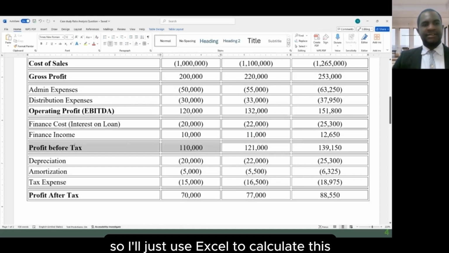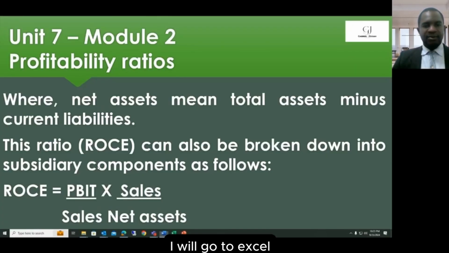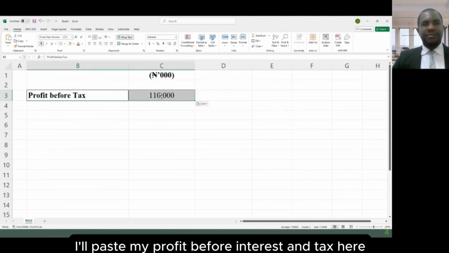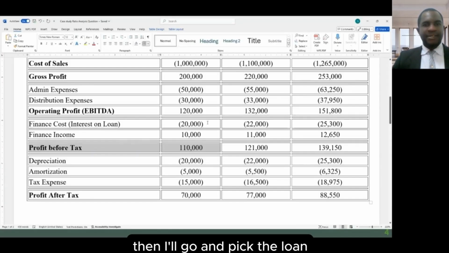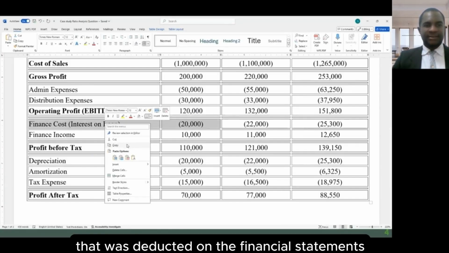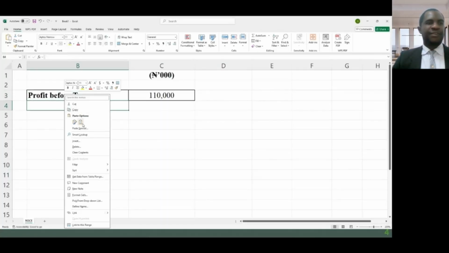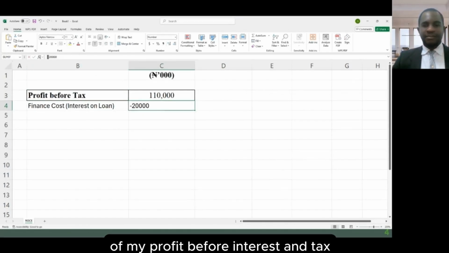So I'll just use Excel to calculate this. You could use your calculator as you're watching this video or later when you want to practice. I will go to Excel. I'll paste my profit figure here. Then I'll pick the loan interest that was deducted on the financial statements, and I'll add it back so that I can have the actual figure of my profit before interest and tax.